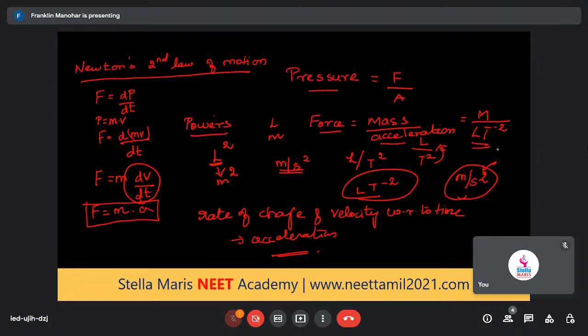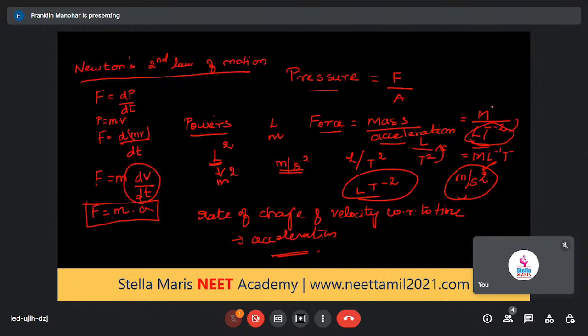So it can be written as M L T to the power -2. Here this is in the denominator, so we have to shift mass and acceleration; you have to shift up.